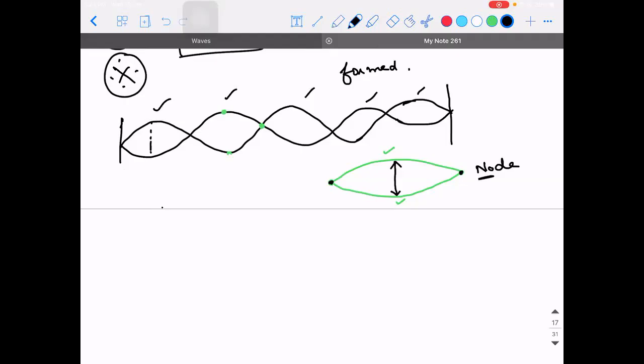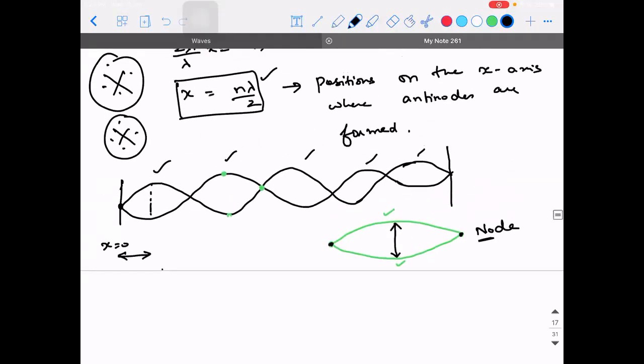In those 5 standing waves, if I take the first position as x is equal to 0, at what distance from it is the first antinode formed? I'll put n is equal to 1 here, lambda by 2. If I put n is equal to 2 there, then I'll get the position of my second antinode, that is lambda.